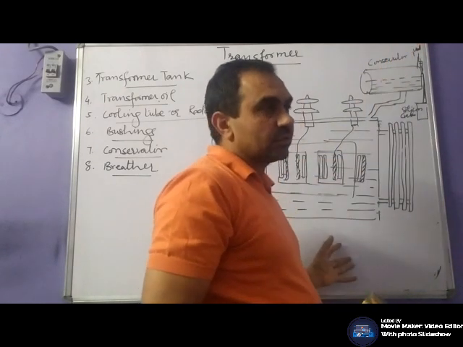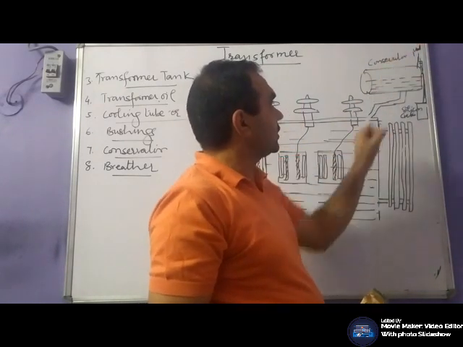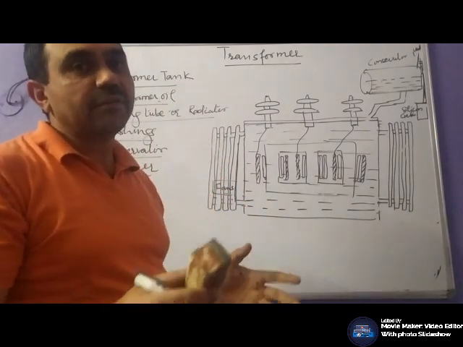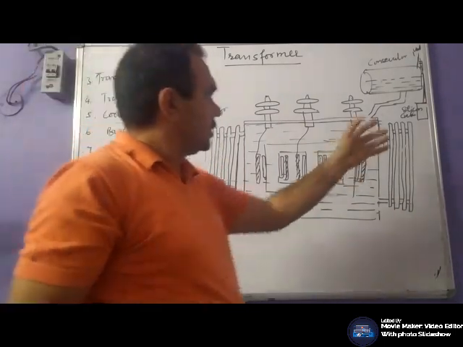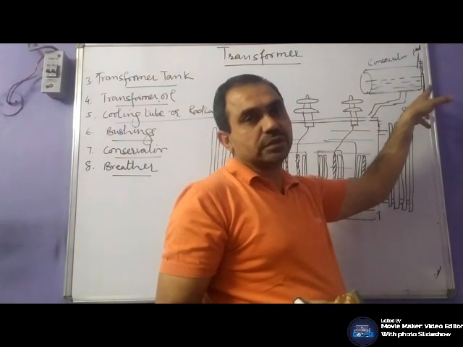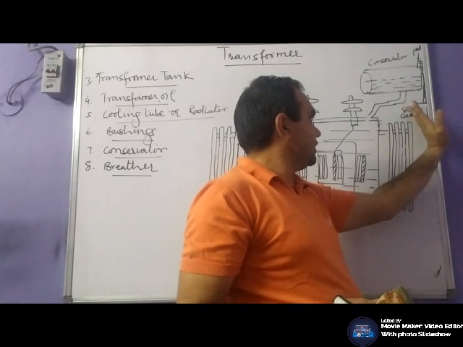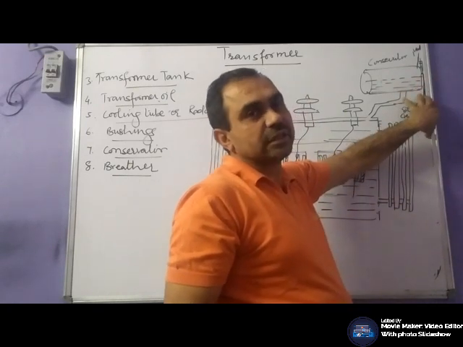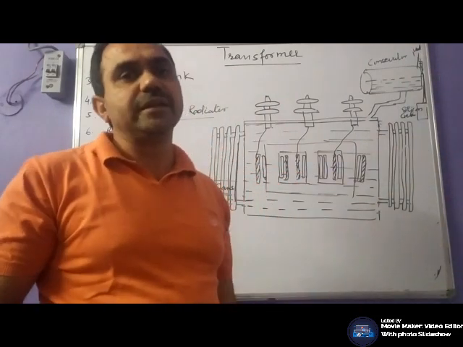When it cools down, it takes in air from the atmosphere, which may have moisture content. To absorb this moisture, the silicone gel is used. Initially it is blue, and when it is saturated or used up, it becomes whitish pink.